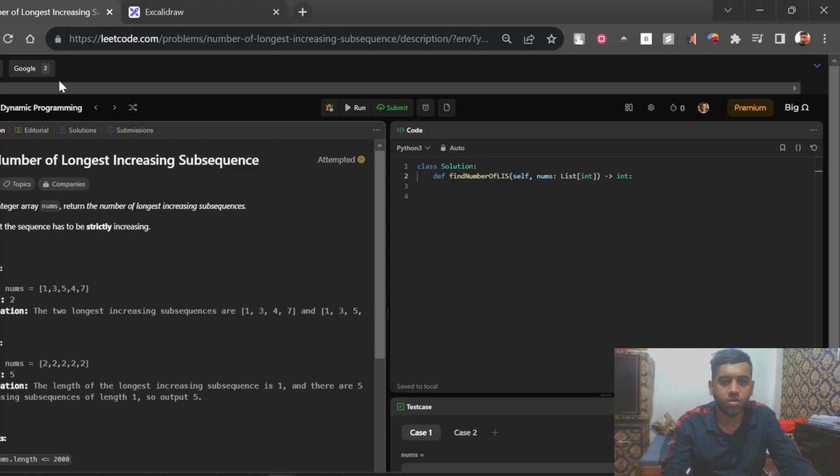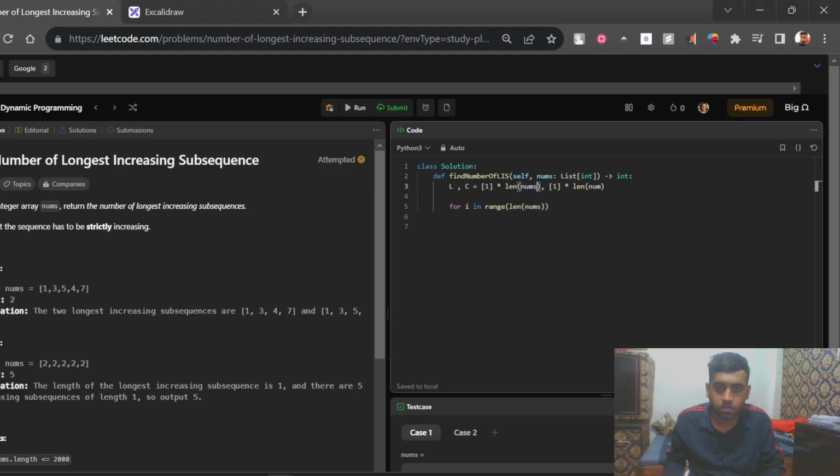Now let's go on to the part where we can execute the code. To execute the code, we'll just start writing it. So now what we'll do, iterate for I in range len of nums.